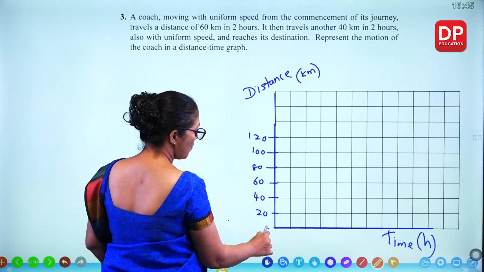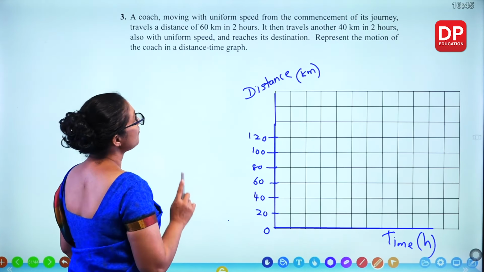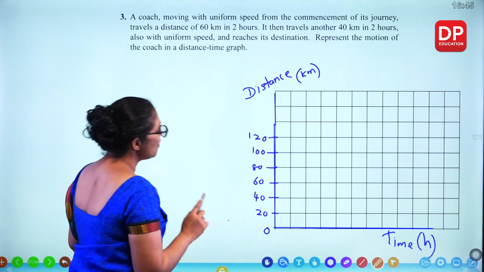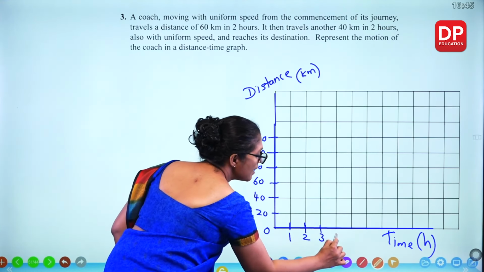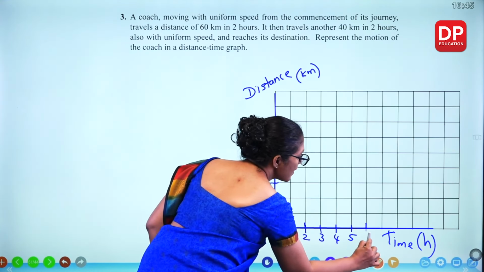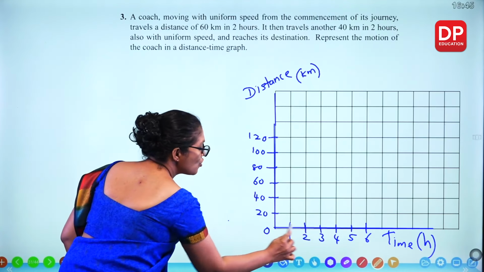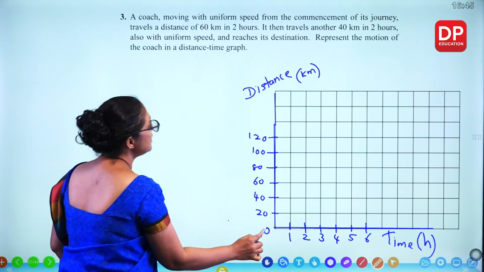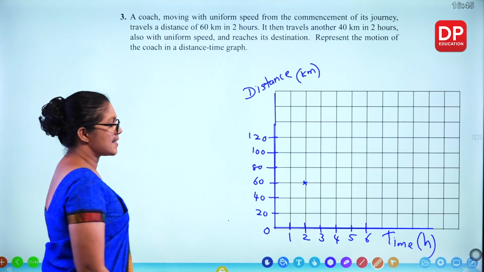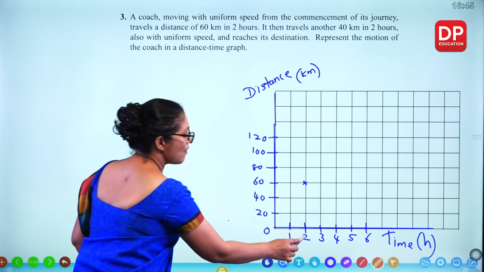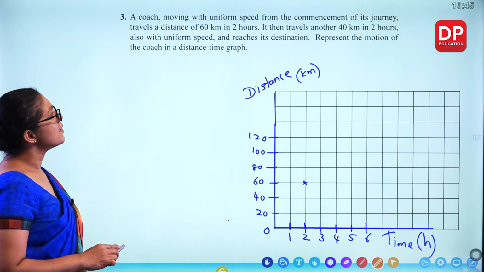So it says 60 kilometers. That means starting point is 0 within 2 hours. So I'll take this as 1, 2, 3, 4, 5, 6 like that. Within 2 hours travels 60 kilometers. So the first point is this: 2 hours, 60 kilometers travel.